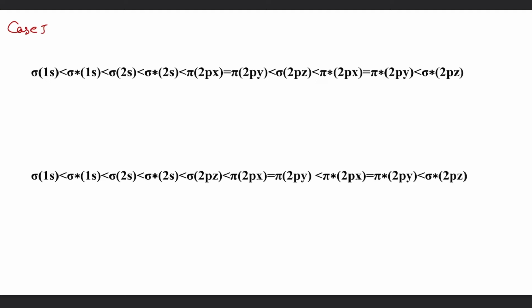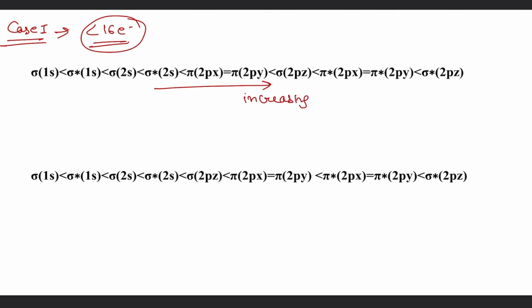Now we'll discuss case 1, when a molecule has less than 16 electrons. Then we'll follow this order, which is the increasing order of energies of the molecular orbitals. If it contains less than 16 electrons, you have to fill in this electronic configuration.